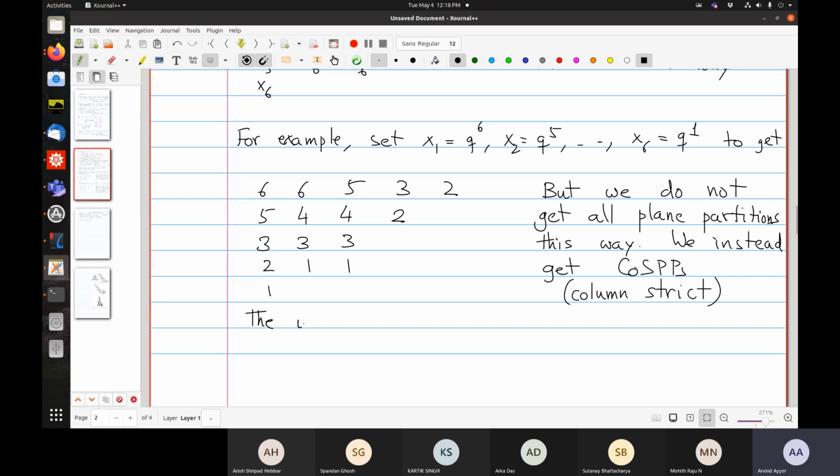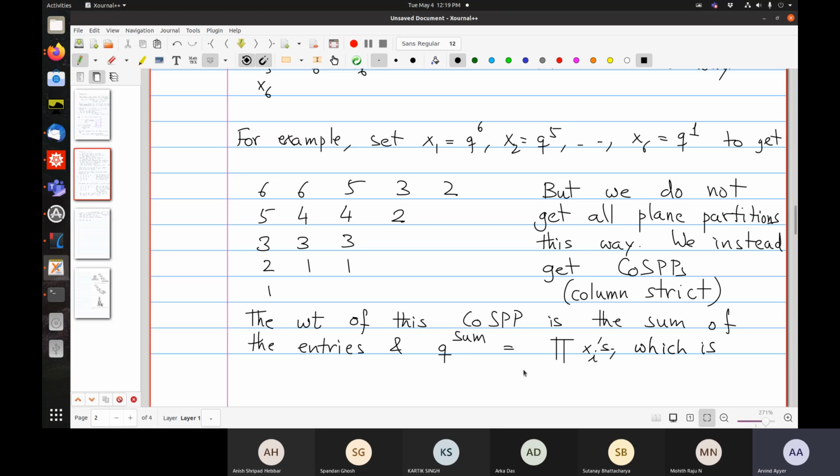The weight of this co-SPP is the sum of the entries, and q power the sum is equal to the product of the x's, which is the weight of the SSYT.